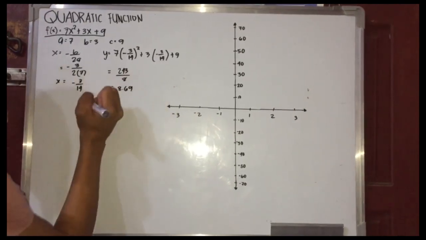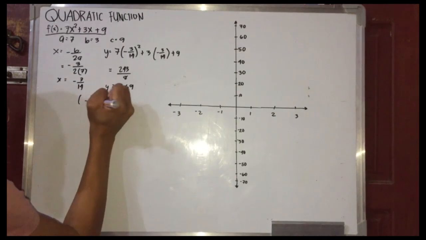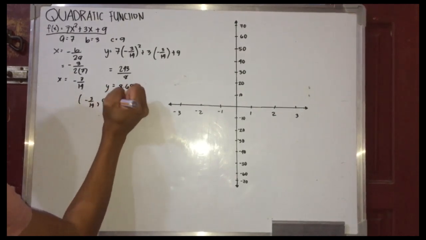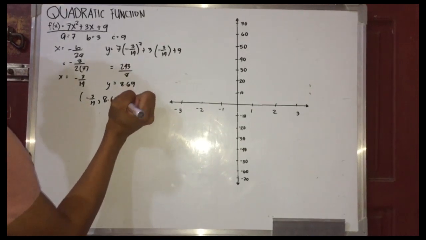So that's it. Our vertex is negative 3 over 14 and 8.69.